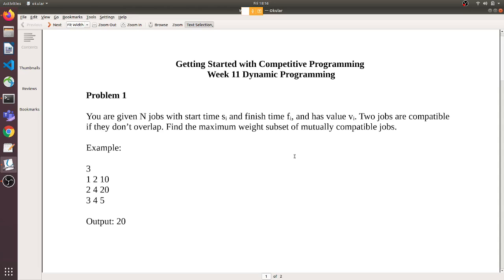Now here we have a weighted version, that's the only difference. Instead of the number of jobs, we have to maximize the profit or the weight by choosing the set of jobs.